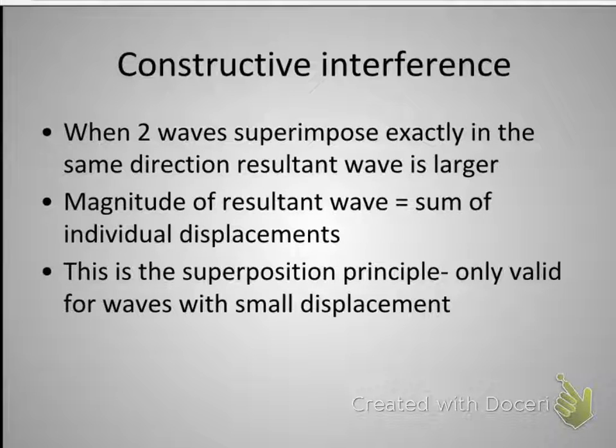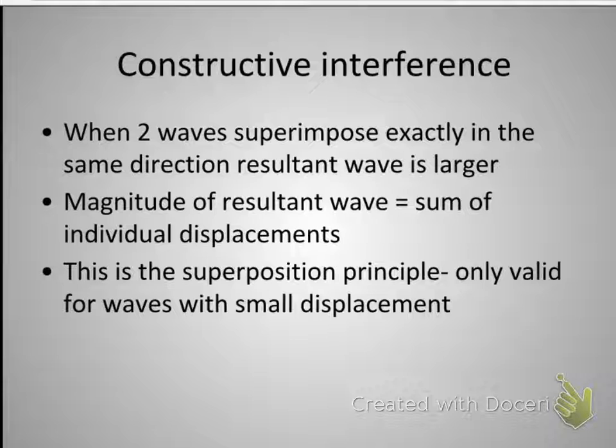There are some cautions with constructive interference. When we do this superposition idea, like adding up the displacements on a graph, this works within a reasonably small scale. Once you get into really, really large waves, you get into more chaos than we can account for.